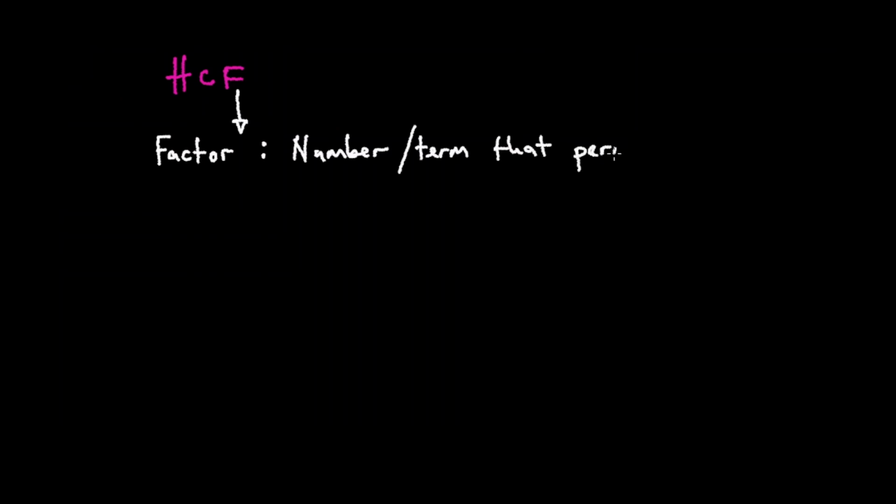The highest common factor. We can't understand what a highest common factor is without a working knowledge of what a factor is. So a factor is simply a number, or a term, that perfectly divides into another number.